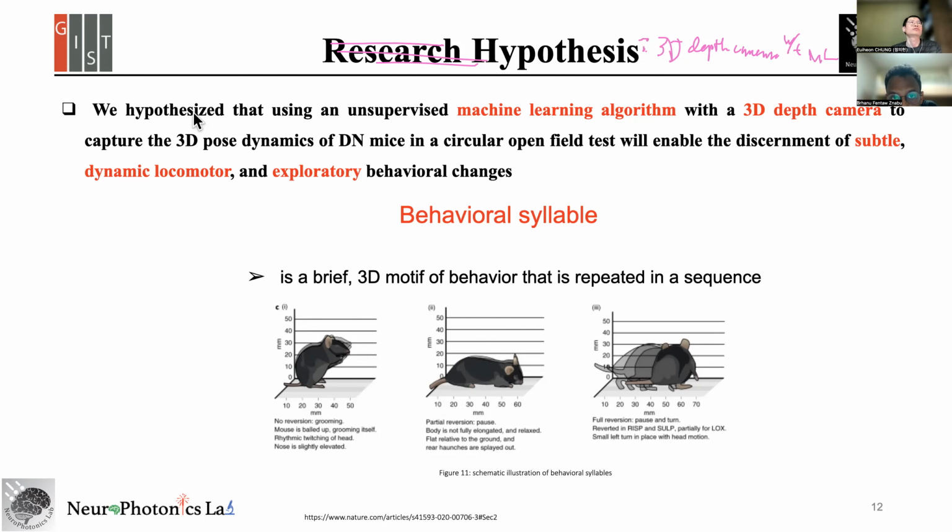And this already states the hypothesis, so don't repeat. Unsupervised machine learning with a 3D depth camera can capture 3D pose dynamics of DN mice in a circular open field.